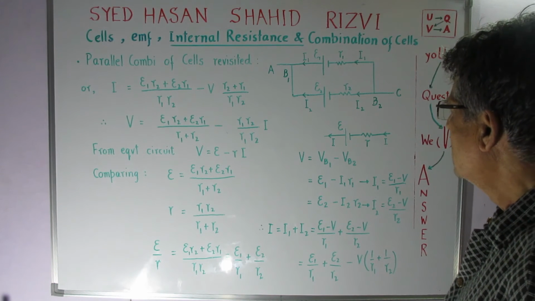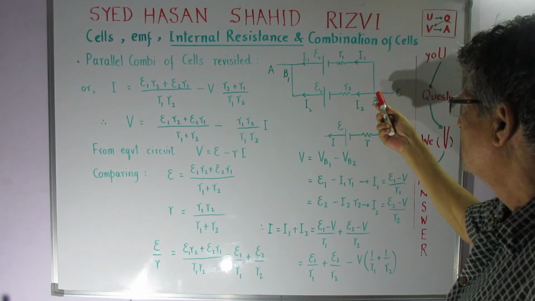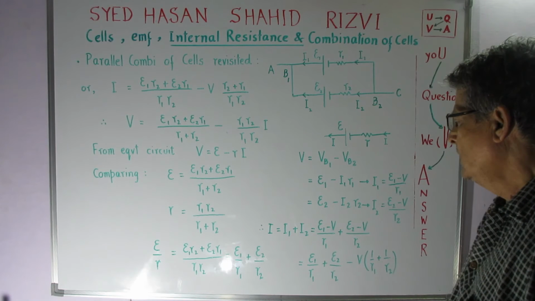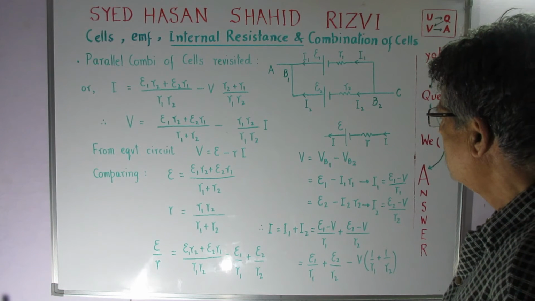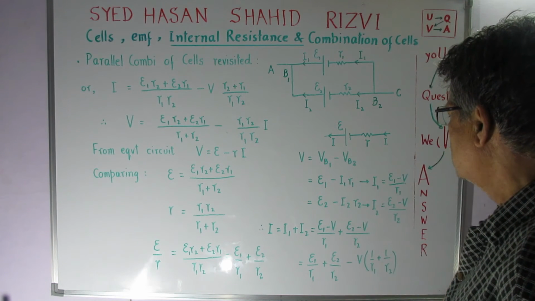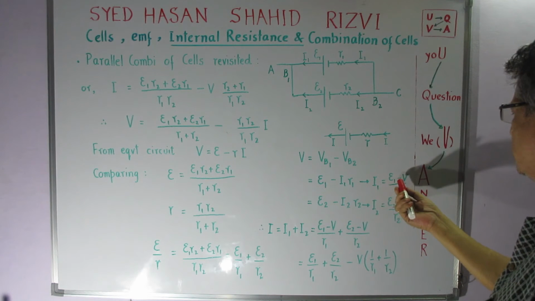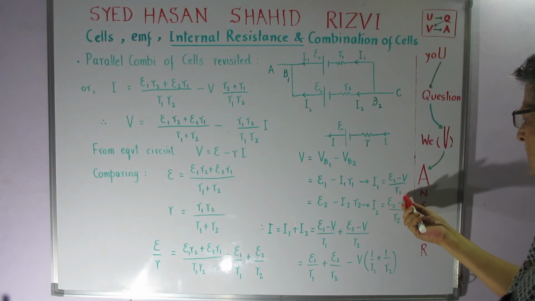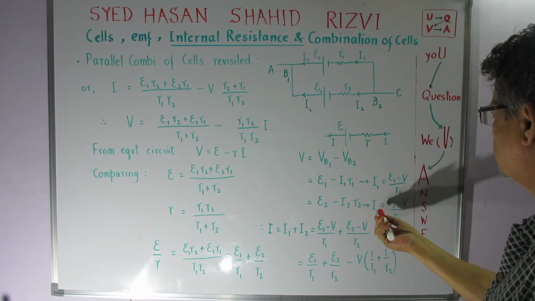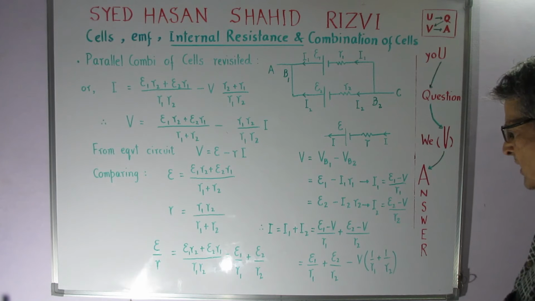So VB1 minus VB2 will be equal to E1 minus I1R1, which gives I1 is equal to E1 minus V upon R1, and E2 minus I2R2, which gives I2 is equal to E2 minus V divided by R2.